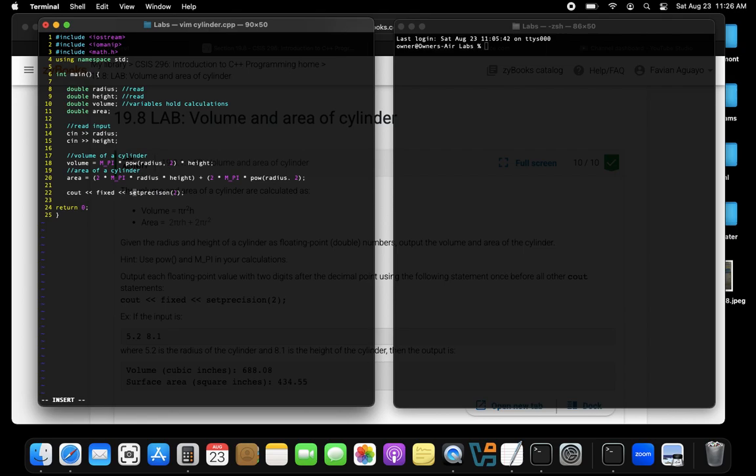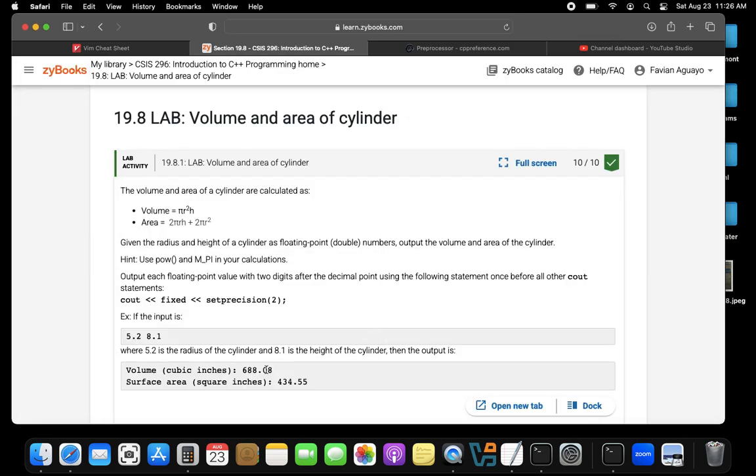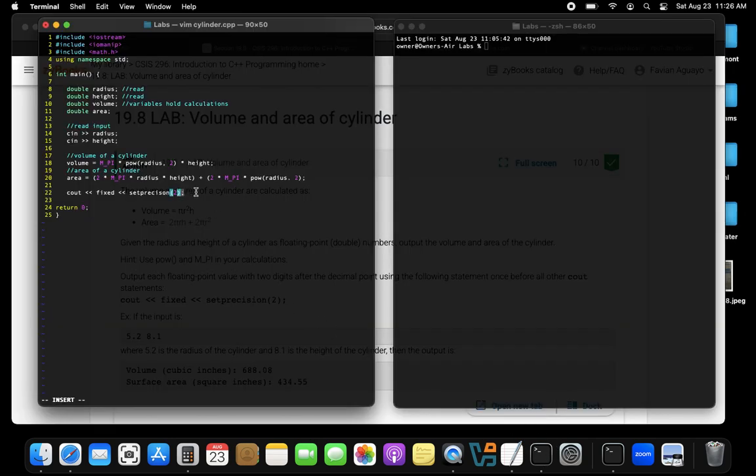Set precision 2. Okay, now I can use set precision because that comes from including iomanip. And this 2 right here is because we want to see 2 digits after the decimal. So that's going to affect all of our cout statements. Okay, now we want to print.